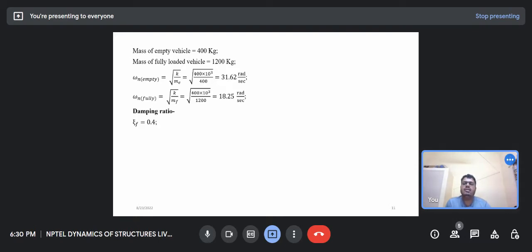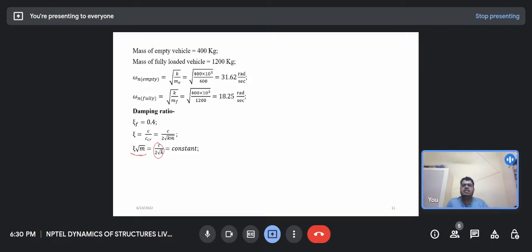Now we have to find the damping ratio. For the fully loaded vehicle, the damping ratio is 0.4. So what is the expression for damping? Damping ratio is c divided by c critical, where c critical can be written as 2 square root of k m, and what is constant? Stiffness. For any vehicle, this term varies, in this case the damping ratio and the mass, but the stiffness is always constant.